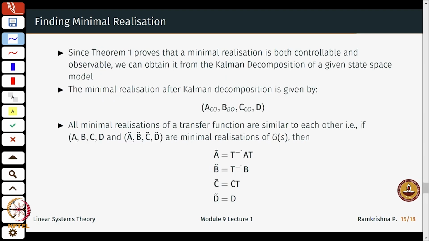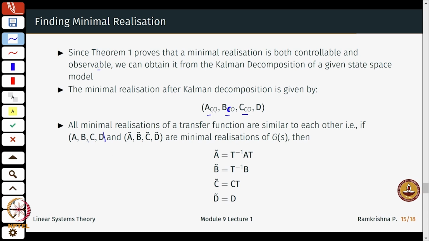We now prove that a minimal realization is both controllable and observable. We can therefore obtain it from the Kalman decomposition. So I have the Kalman decomposition matrices A, B, C, both controllable and observable. And so the minimal realizations of all of our transfer functions are similar.